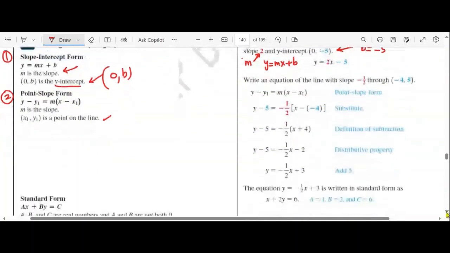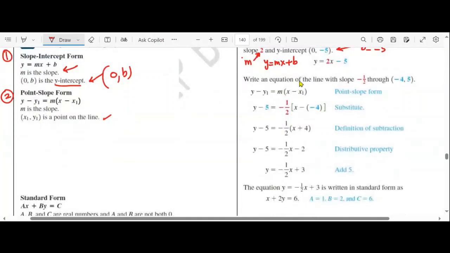Next one. Write an equation of a line with a slope of -1/2 through (-4, 5). Now, is this a b or a regular point? Regular point. It's not the y-intercept. So in this case, which formula should I use? y minus y1 equals m times (x minus x1).